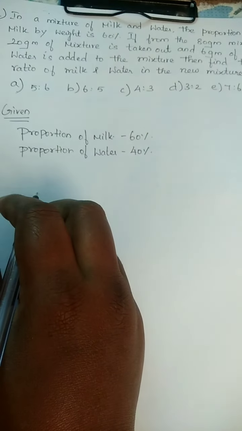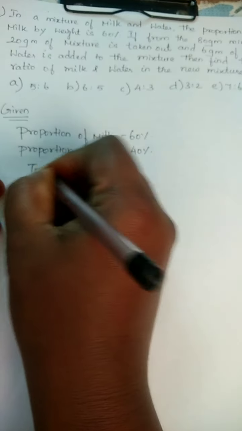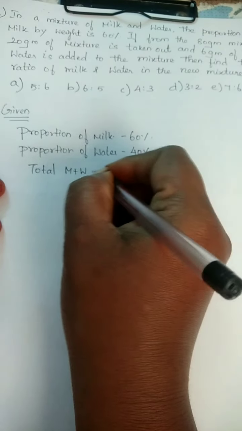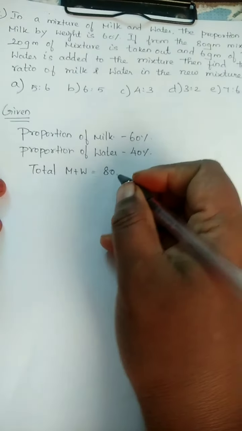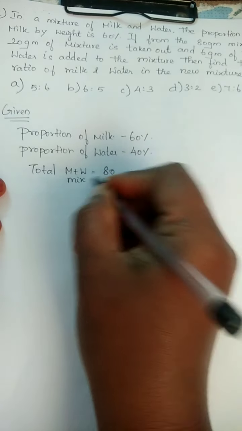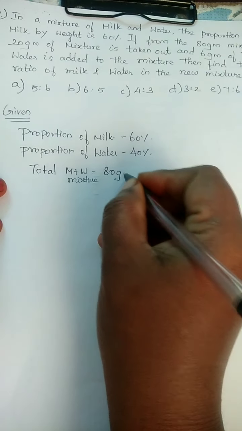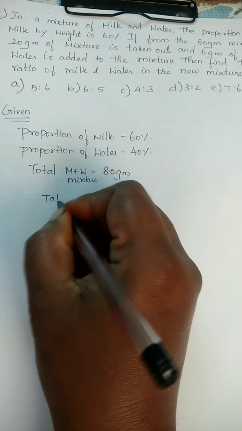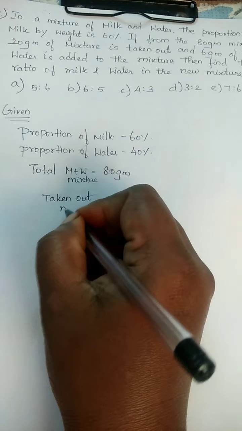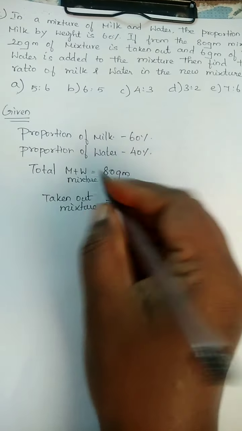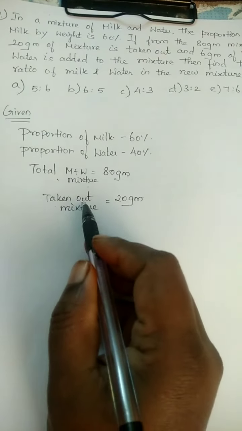Then, from the 80 gram of mixture, 20 gram of mixture is taken out. So the total, milk plus water mixture, is 80 gram, and the taken out mixture is 20 gram.